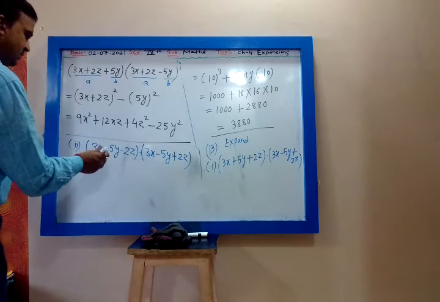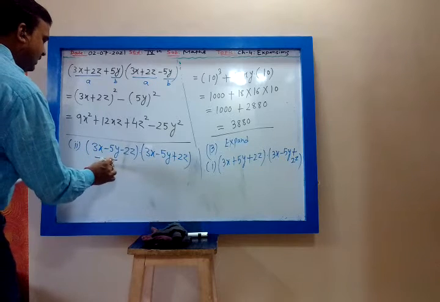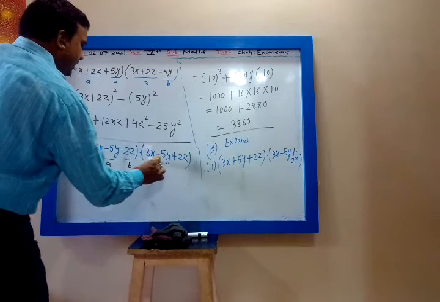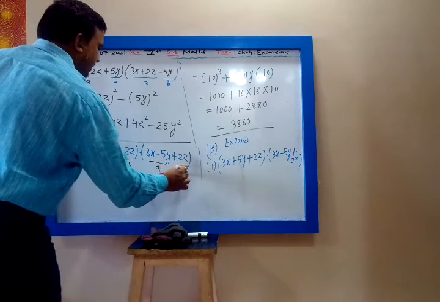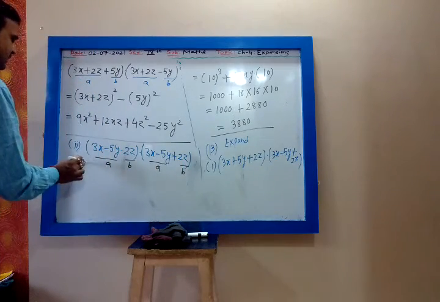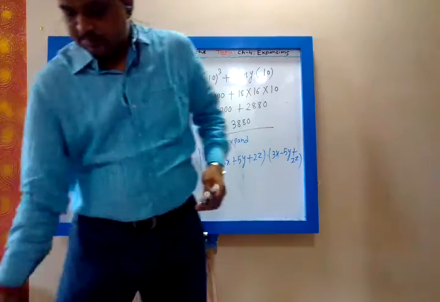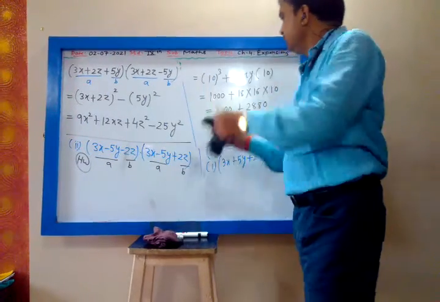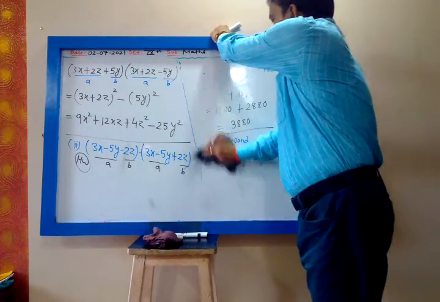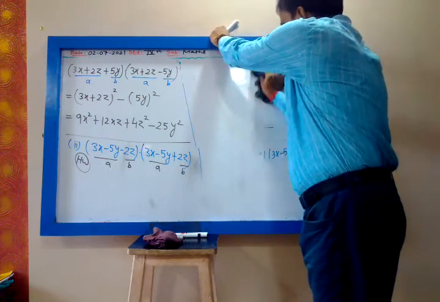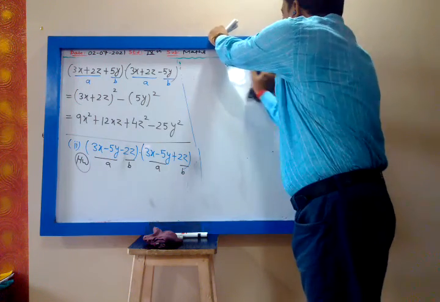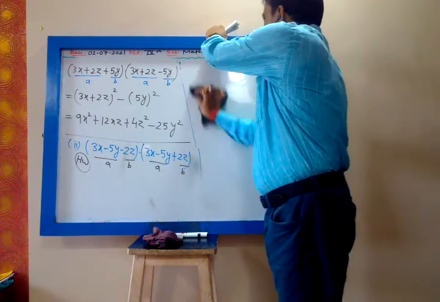Yes. So this you can, a minus b into a plus b, that is a square minus b square. Homework. This is homework. A plus b into a minus b. You have to identify the type.